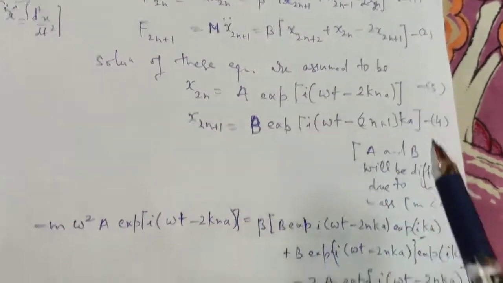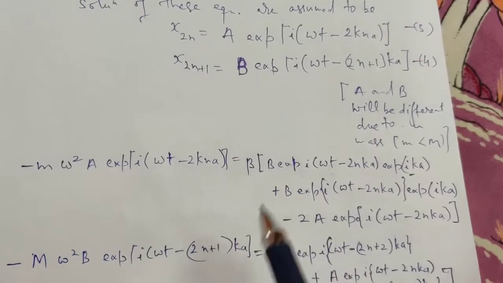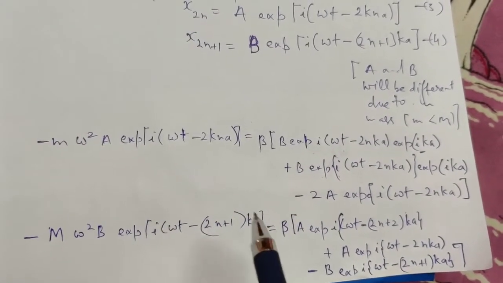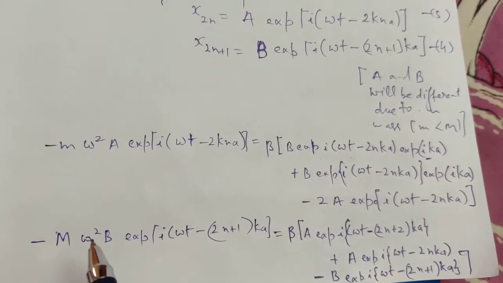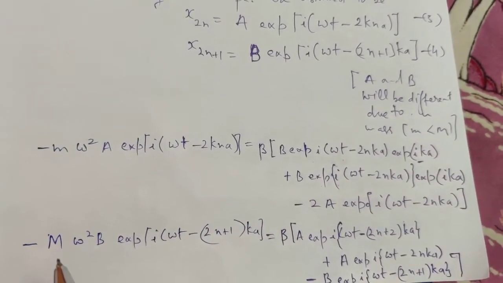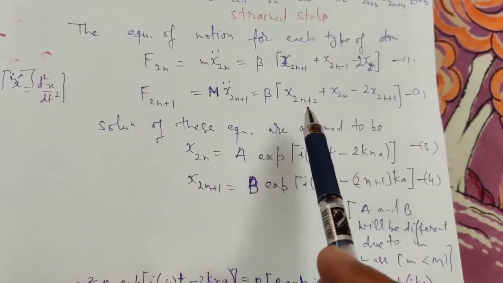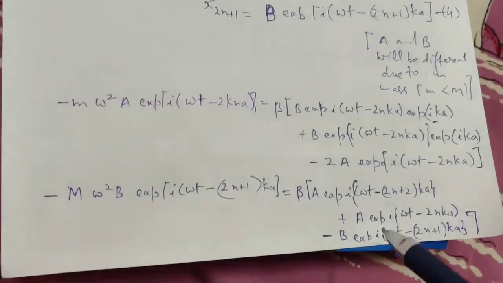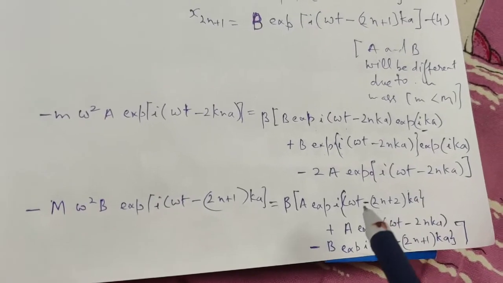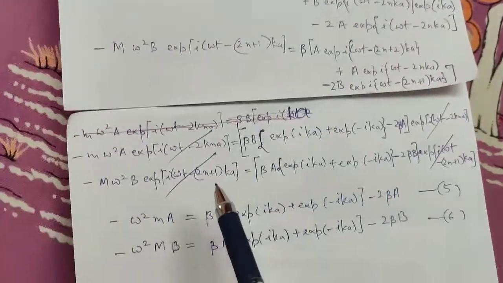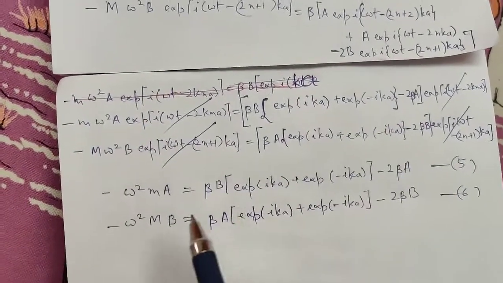Similarly differentiating twice with respect to time, this will be minus omega square into B capital M, putting in the values in terms of their exponentials. Now I will simplify this. I have simplified this equation into these simple equations.